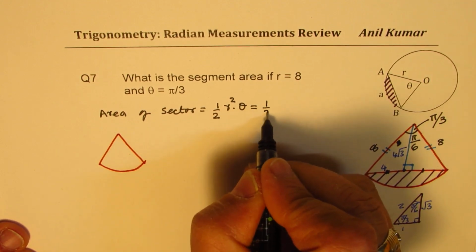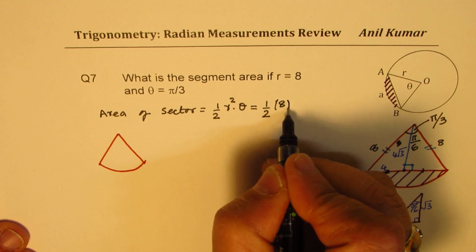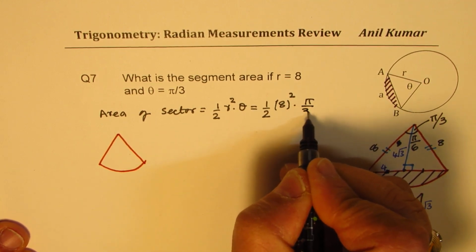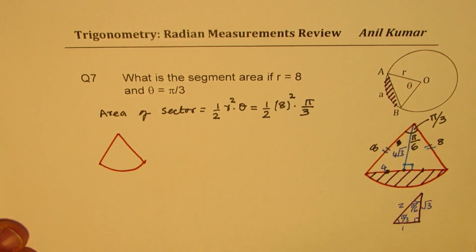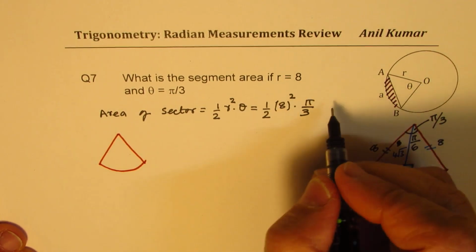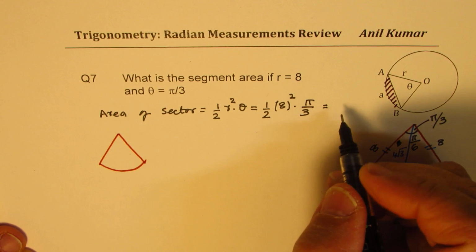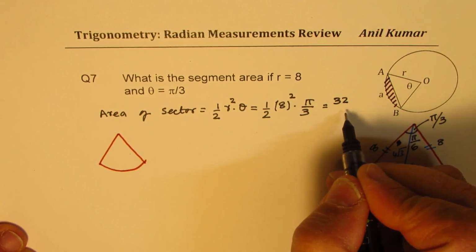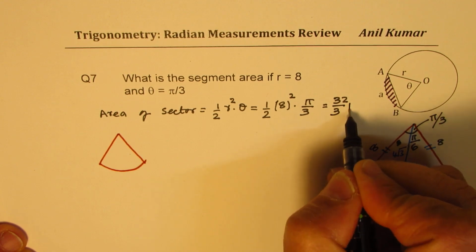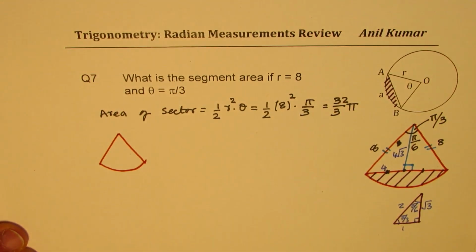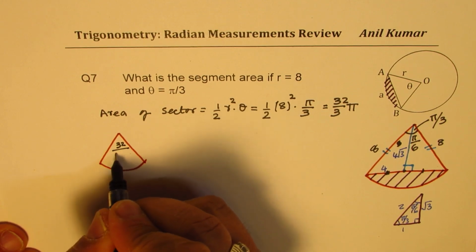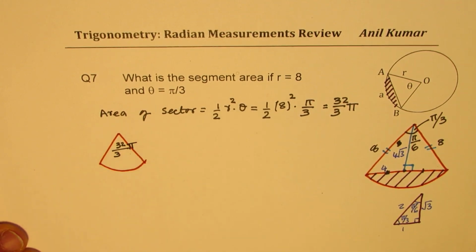So it is half of 8 square times pi by 3. 8 square is 64, and half of 64 is 32. So the area of the sector is 32 over 3 times pi.